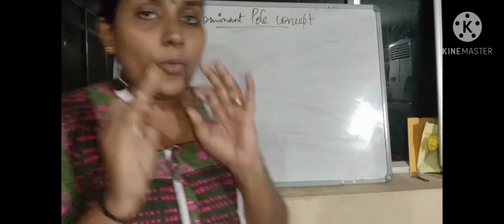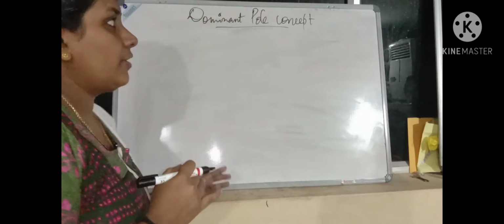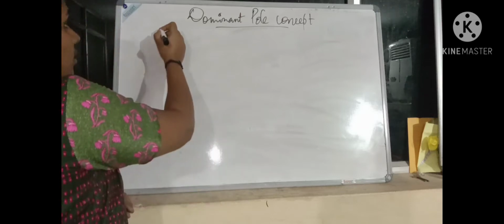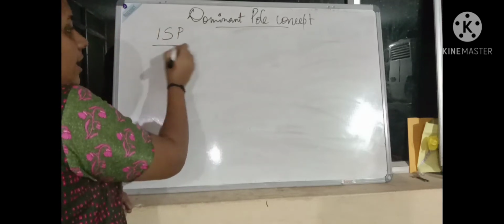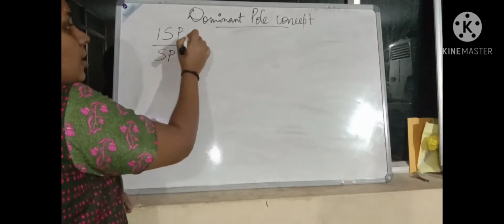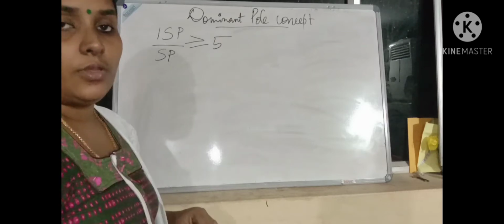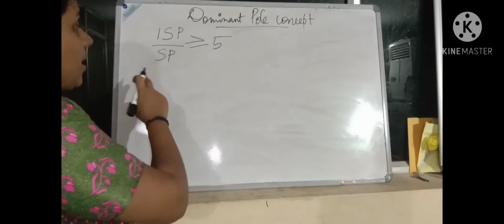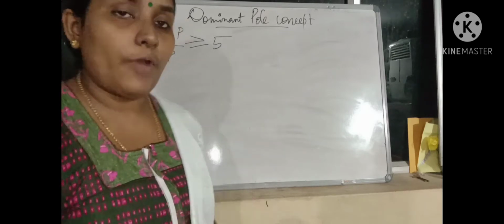Another important point is, in order to find out the dominant pole, the insignificant pole divided by the significant pole should be greater than or equal to 5. Insignificant pole divided by significant pole should be greater than or equal to 5.